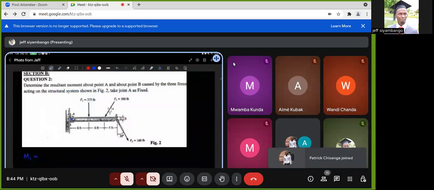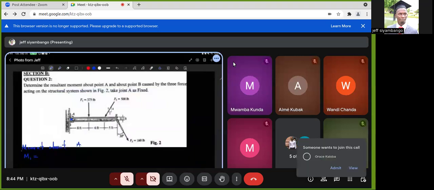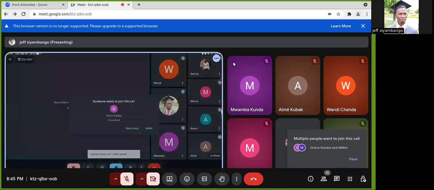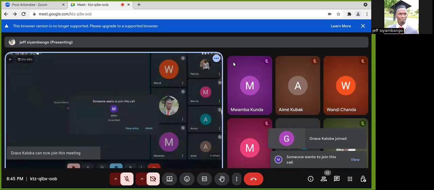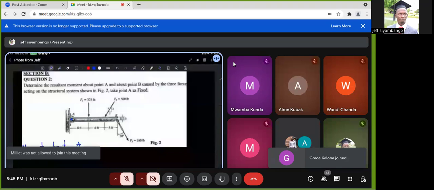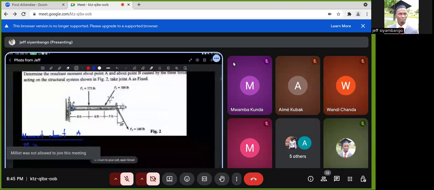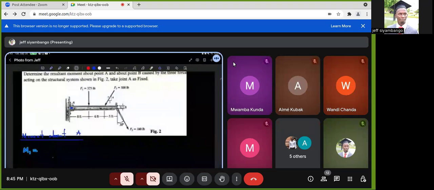So about point A, so M1 about point A, so let's say moment about A. So what we have about A, F1, we have 375 by the distance. We need the distance from point A to where the force is passing.